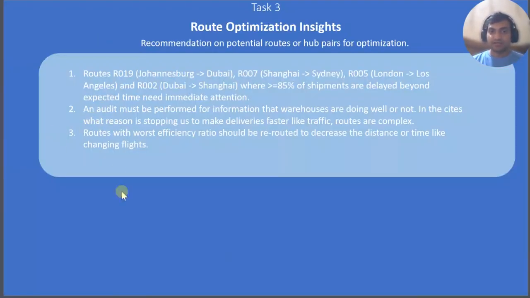So these are my three recommendations based on the analysis: route 19, 7, 5, and 2 need immediate attention because they have very high shipment delays, and an audit must be performed to see whether the warehouses are performing well or not, and if they are doing well, then why, and if they are not doing well, then also why. Routes with worst efficiency ratio should be rerouted.